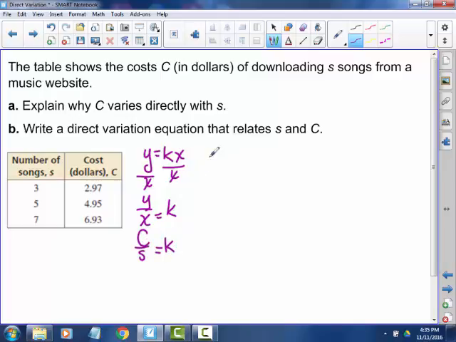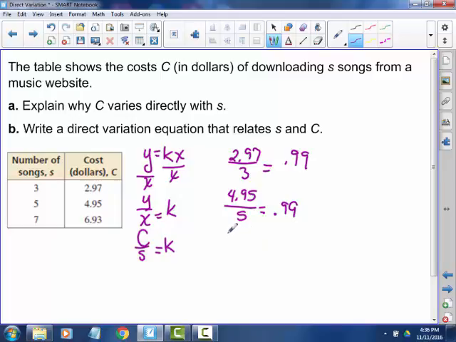Okay? All right, so we would start and we'd say 297 divided by 3. We found out what that equals. Let's see, 3 goes into 29 9 times with 2 left over, so it'd go into 27 9 more times. Okay, and then we take the next pair, 495 divided by 5. 5 goes into 49 9 times, and then with 4 left over goes another 9.